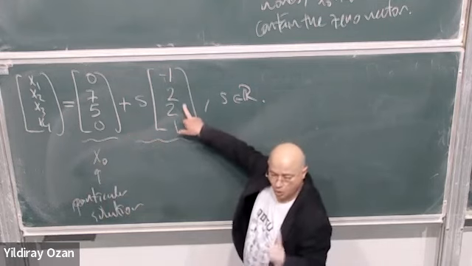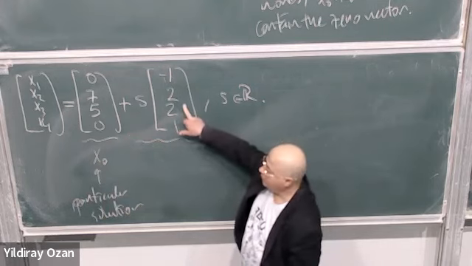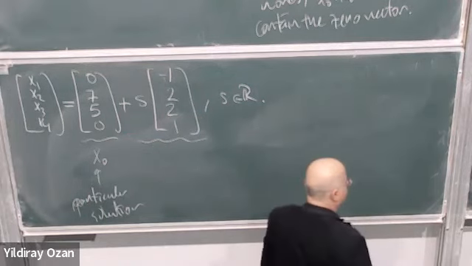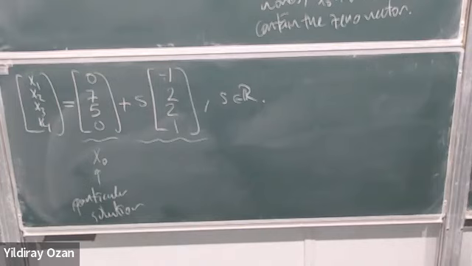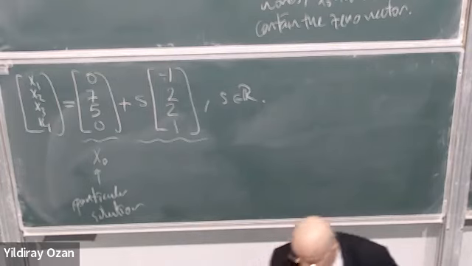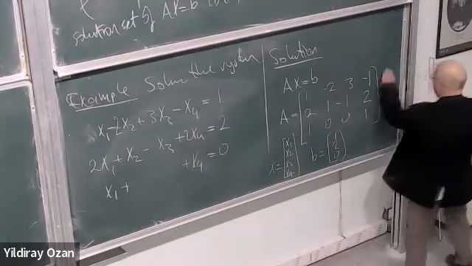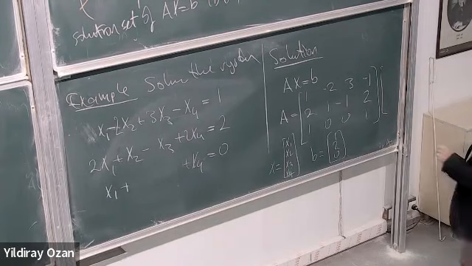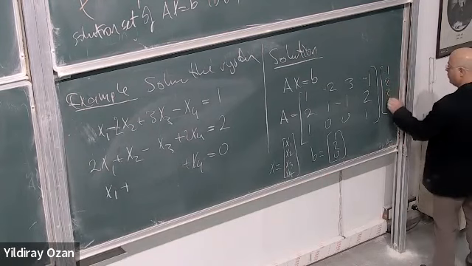This vector is in the kernel of A. Where is it? So my matrix A is this. You see. My matrix A is this. And if you take that vector, -1, 2, 2, 1.